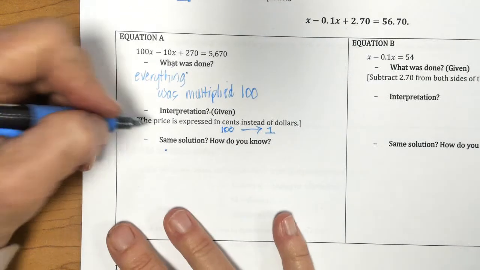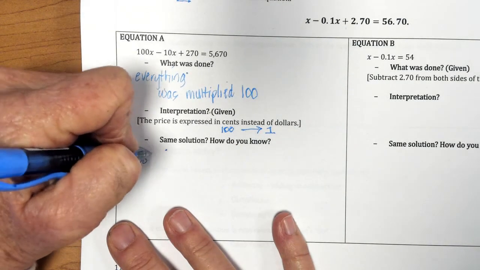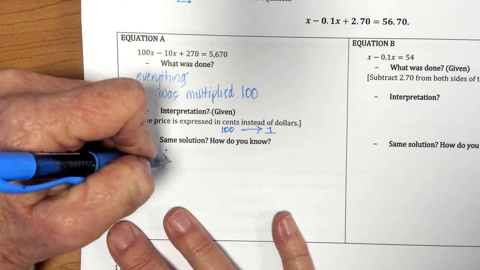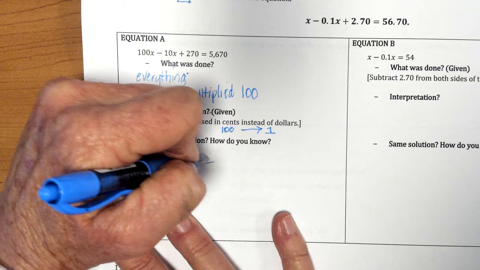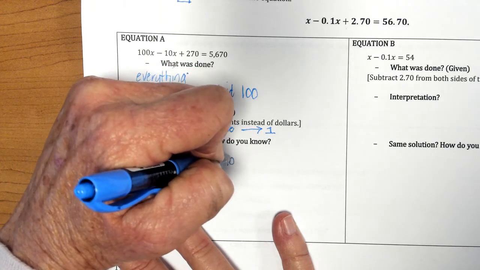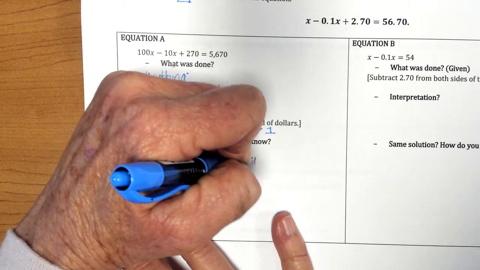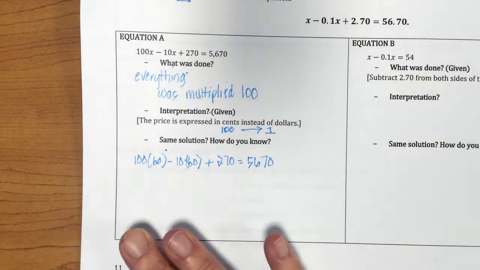Let's double check. So I'm going to go 100 times 60 minus 10 times 60, and I'm going to add 270, and does that equal 5,670?